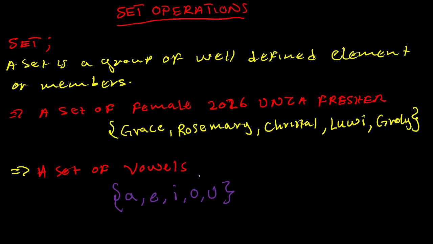When you talk of a set of vowels, we are specifically referring to A, E, I, O, U. You can't put W in a set of vowels. It's not a member of this set.